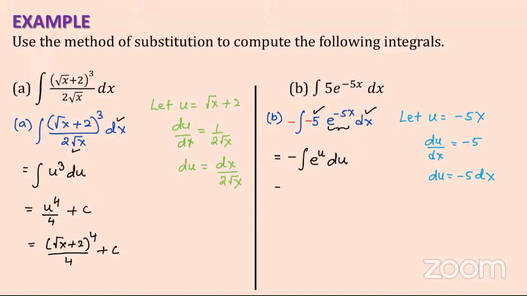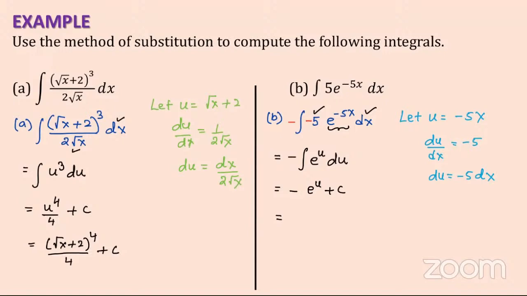And what do we get after that? Negative as it is. Integration of e to the u is also e to the u, because the derivative of e to the u is e to the u, right? So that is negative e to the u plus c. That is my answer, but not the final answer, because I cannot leave my answer in terms of u. What I have to do is substitute the value of u, which is negative 5x.